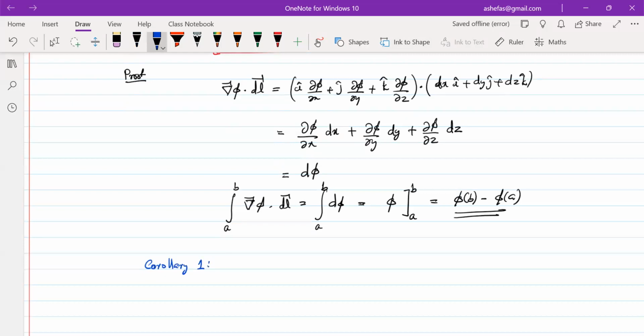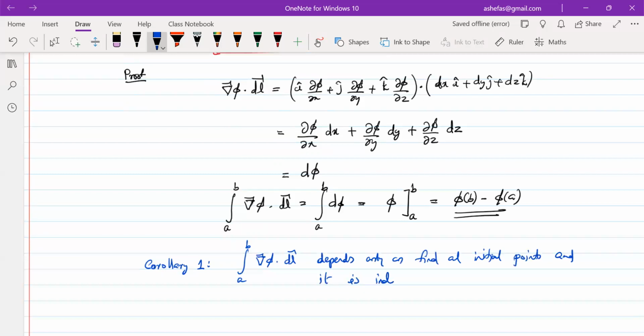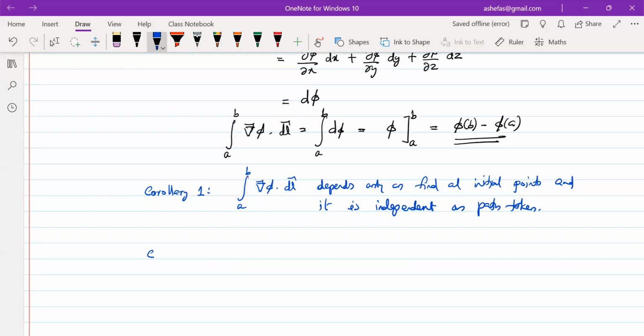Corollary 1: the integral from a to b of del phi dot dl depends only on the final and initial points, and it is independent of the path taken.